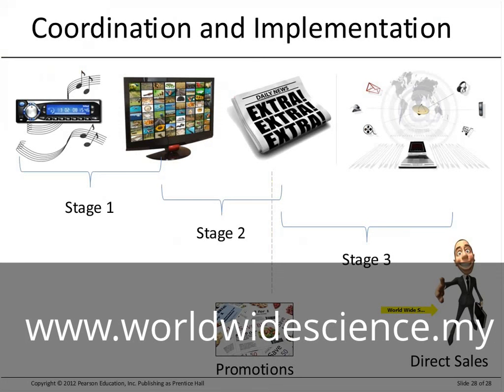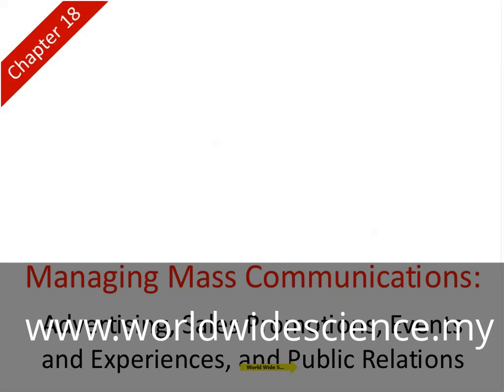There are some stage 2 coordination and implementation, and also promotion can be used at this stage. It means some different stages of the coordination and implementation of the communication mix. Okay, communication mix. Please, very fast, go to the next one.